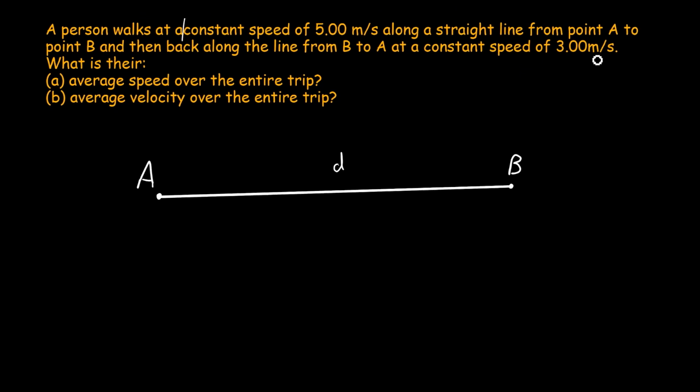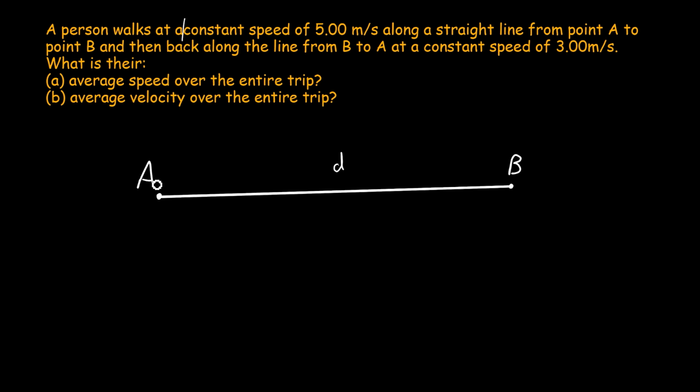So because our speeds between these 2 points are different, we can assume that the time it takes to get from point A to point B is different to getting from point B back to point A. So we've got 2 different times here. And again, we don't know the times, not yet.